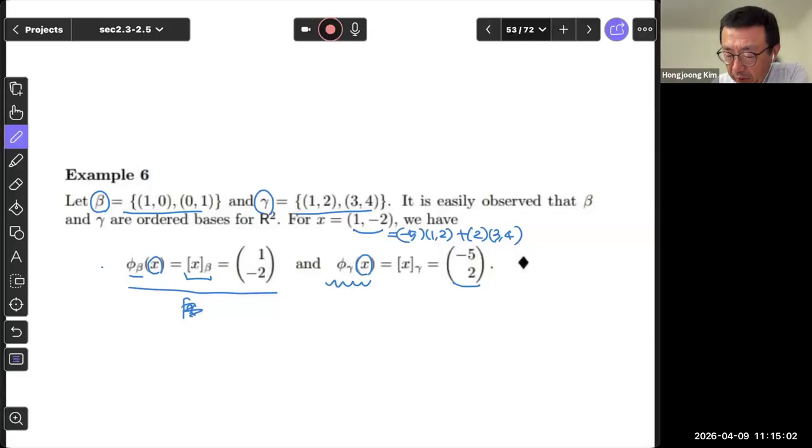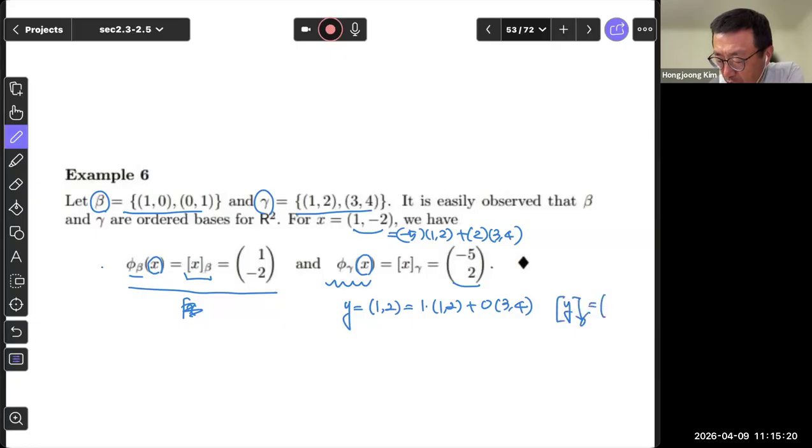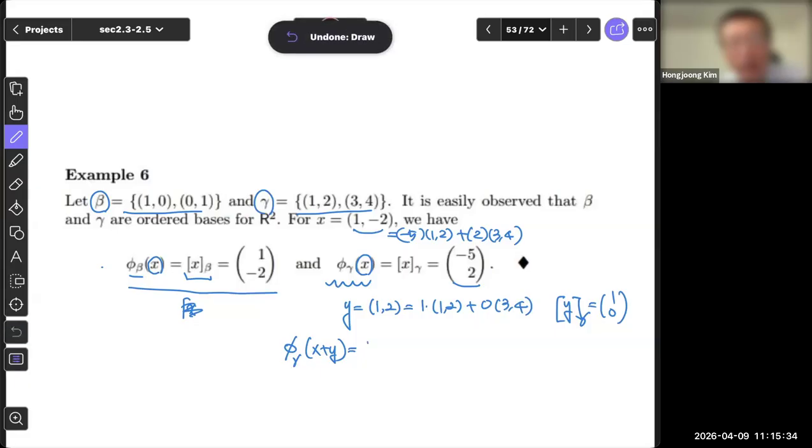If I consider a y vector, say (1, 2), that is 1 times (1, 2) plus 0 times (3, 4), so the coordinate of y with respect to gamma is (1, 0). Then phi sub gamma of x plus y: if I add (1, 2) to x, you get (2, 0).